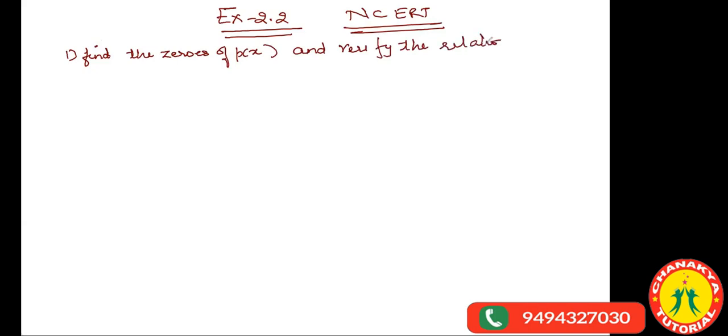Your first question is: find the zeros of the quadratic polynomial and verify the relation between the sum of the zeros and the product of the zeros.